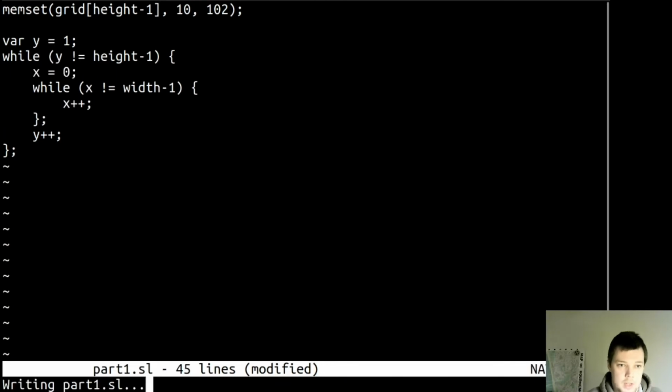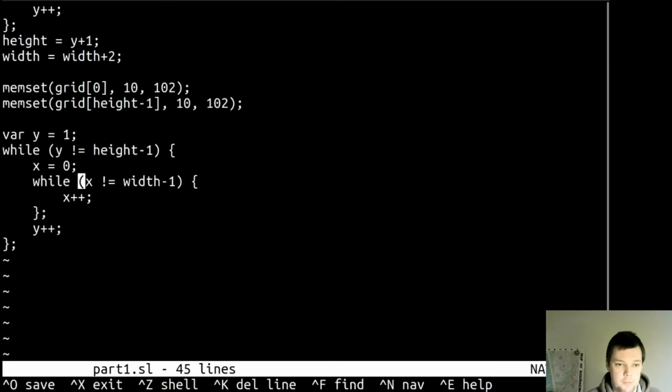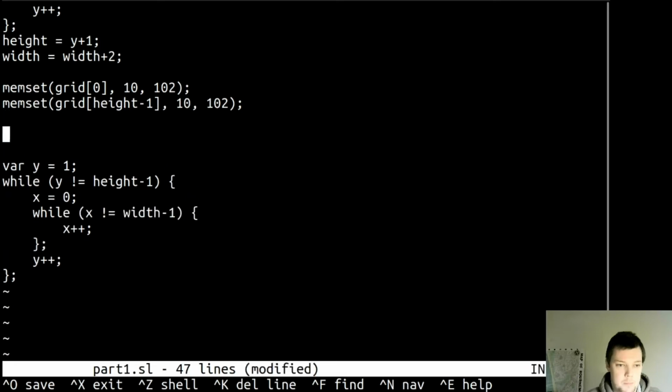And if this point is a local minimum, then we add up the risk. 100,000 points. Most of them aren't going to be local minima. This I don't think will overflow.